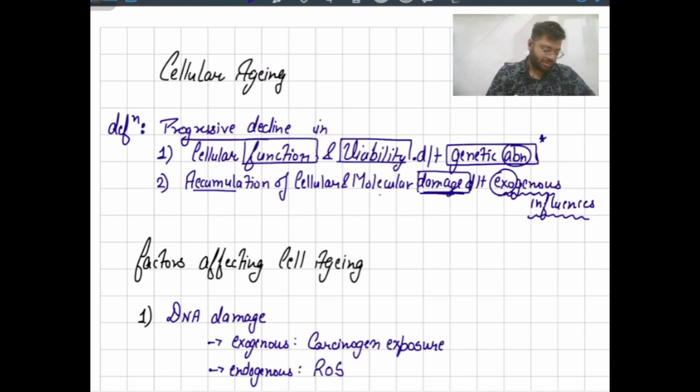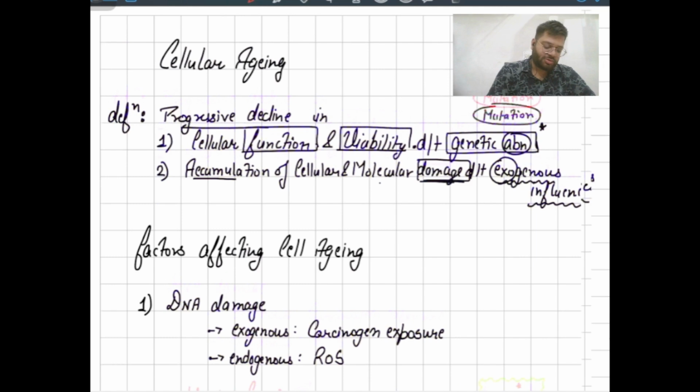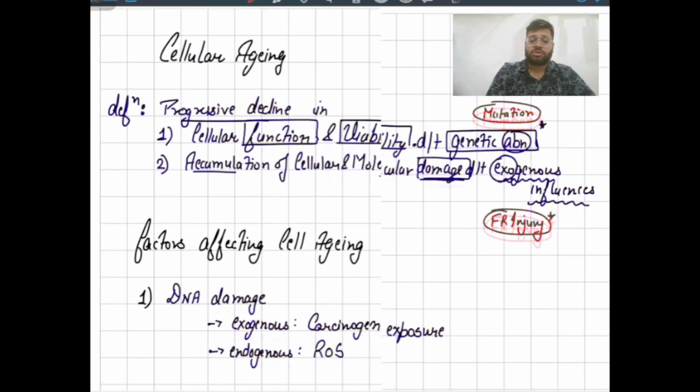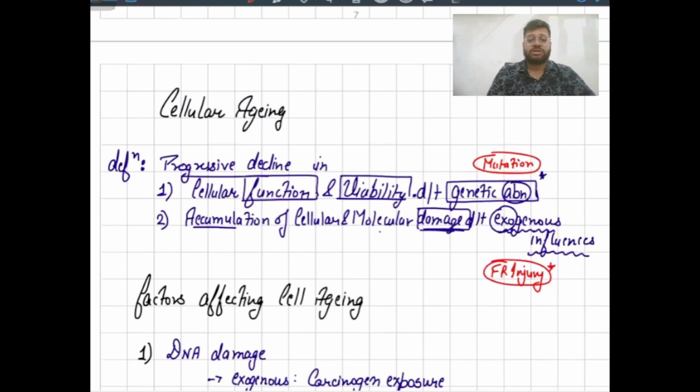So we got to know two reasons of cellular aging. First is genetic abnormality, for example any kind of mutation. The other is exogenous influences, or I can say free radical injury. Both of these can cause cellular injury, and this is the basic definition of cellular aging.